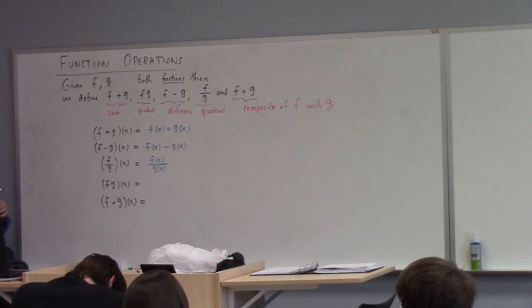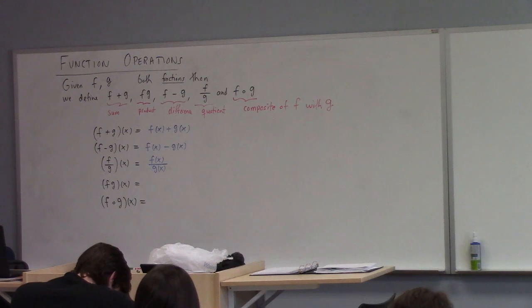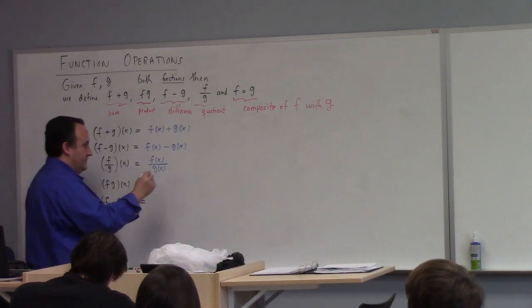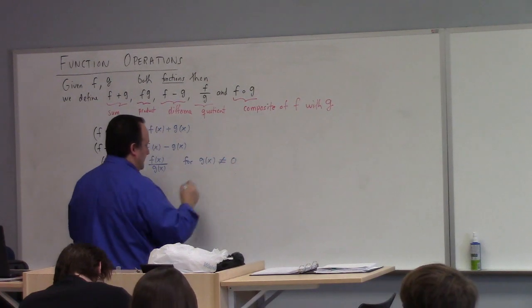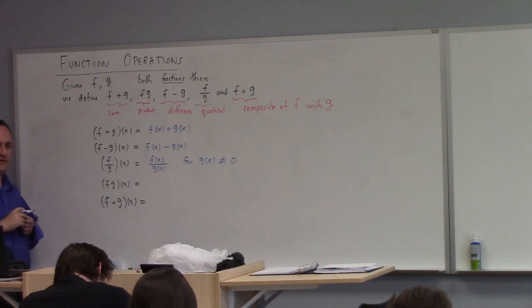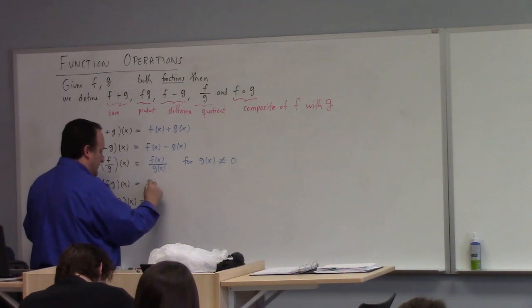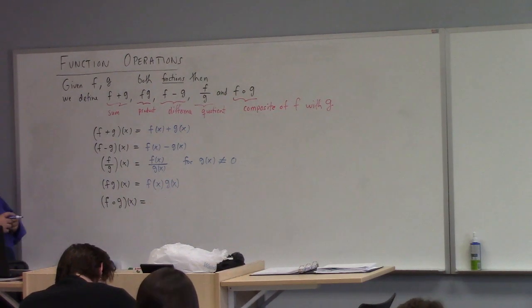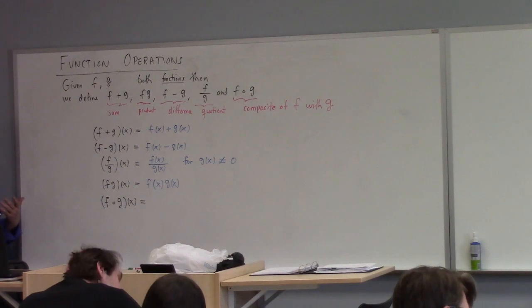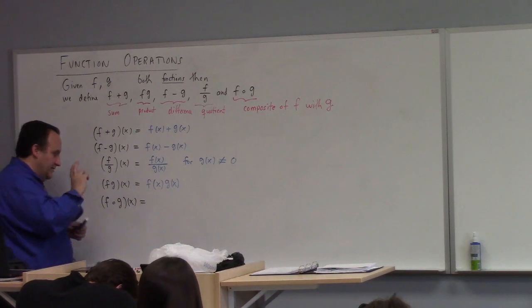There's a string attached to this. What is it? What condition do we need for x here? For g of x not equal to 0, right? So we got that. F times g, well, that's f of x times g of x. By the way, f of x times g of x, these are just numbers, so you can commute them.